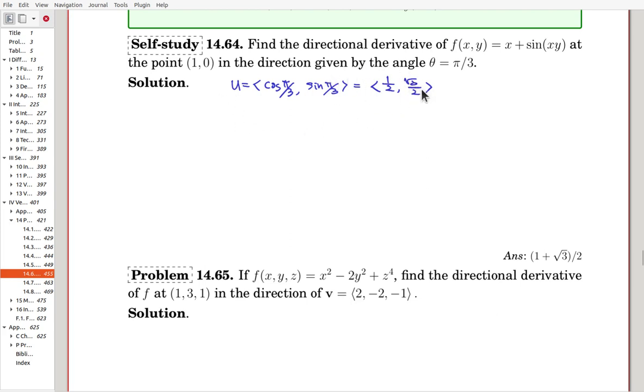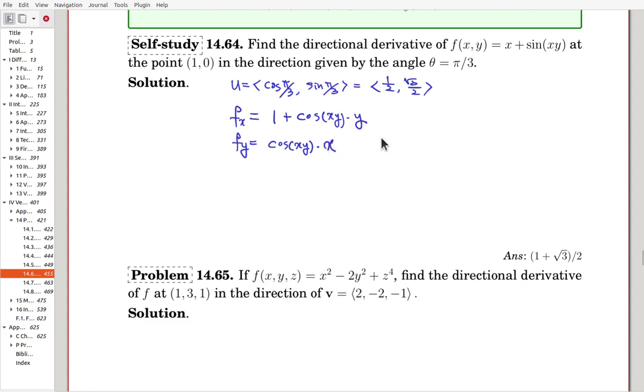Okay, we got the direction, and we have to get f sub x and f sub y. F sub x, the x derivative, is 1 plus, for the second term, the derivative of cosine xy, and the derivative with respect to x will make y. Now f sub y will be 0 plus cosine xy, and the y derivative will make x.